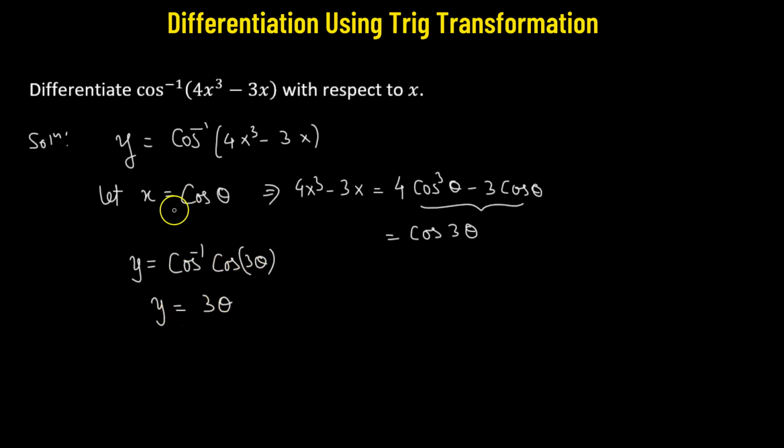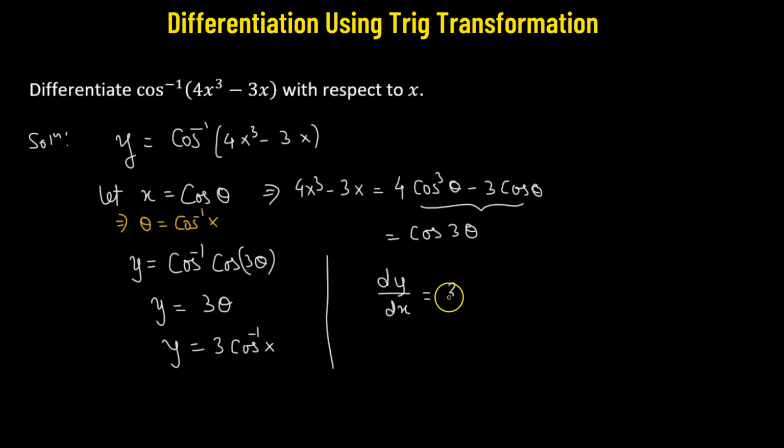Now since we have considered x equal to cosine theta, theta equals cosine inverse of x. So in place of theta, y equals 3 times cosine inverse of x. Now we can find the derivative of y with respect to x, which is the same as 3 times the derivative with respect to x of the inverse cosine function.